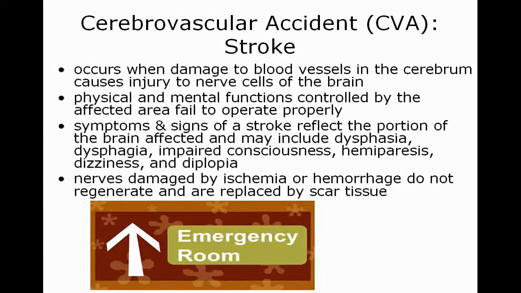There's going to be a blockage of the blood flow to that particular part of the brain. And the nerve cells will die very quickly. If it's hemorrhage, again, rupture of a vessel, blood's not going to get past that hemorrhage area through the blood vessel system to provide the nutrients to a particular part of the brain.